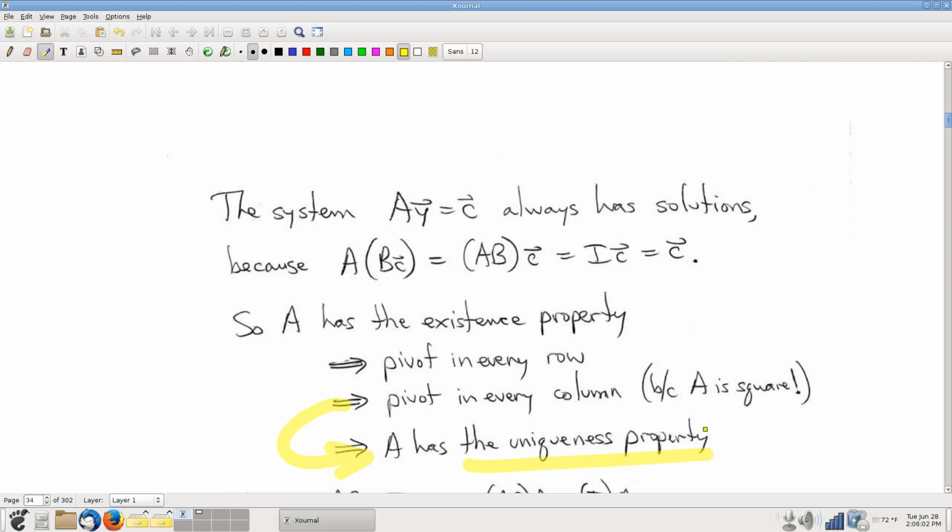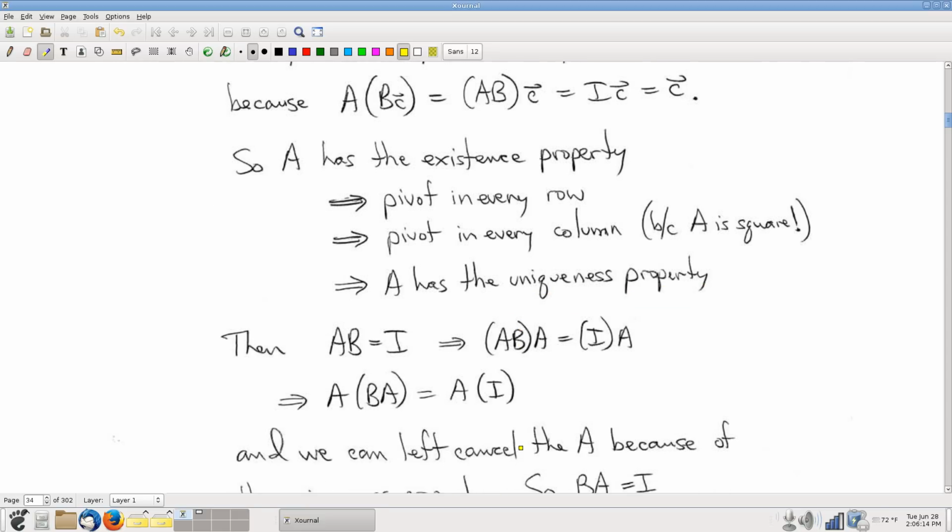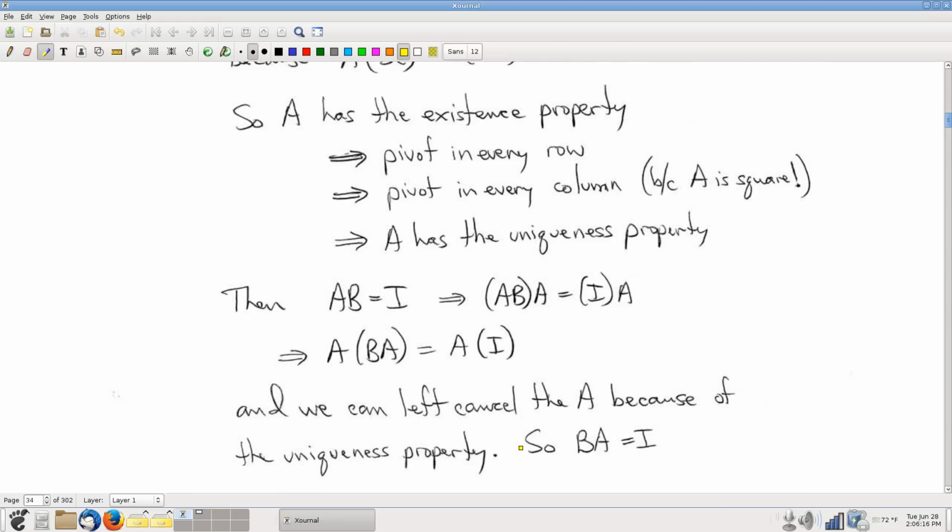It's a long way to go, it seems, to get this one little detail, but it's a critical detail that this matrix has the uniqueness property. Okay, and now our previous algebra works. Here's that previous algebra again. You start with AB is the identity. This is what we're given. Right multiply by A on both sides.